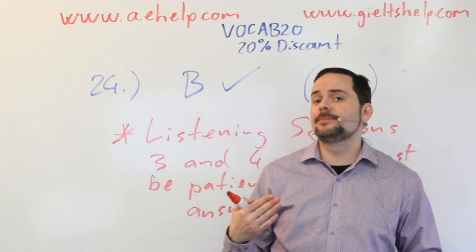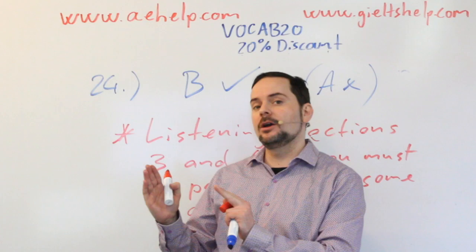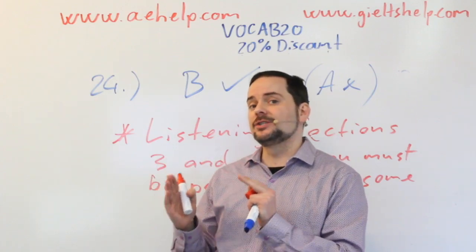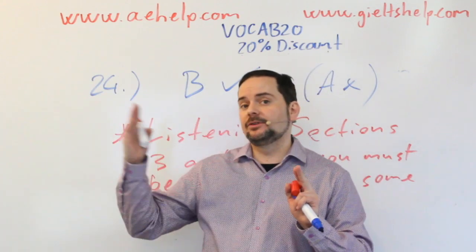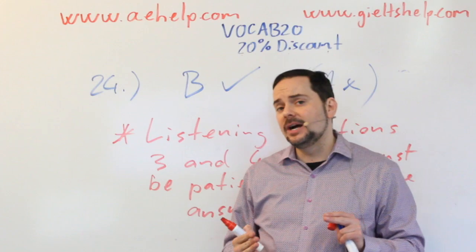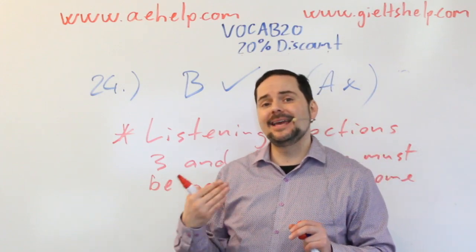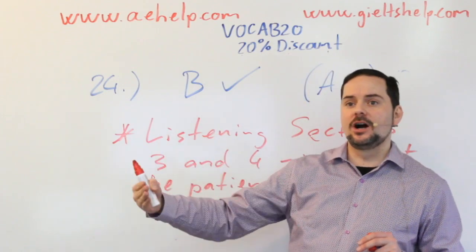And again, this is something you have to practice at home, okay? Practice the timing of the answers in the listening. Sometimes the answers are coming quickly, one after the next, within 2-3 seconds. And sometimes you have to wait 10, 20, 30 seconds for the next answer to come, okay?